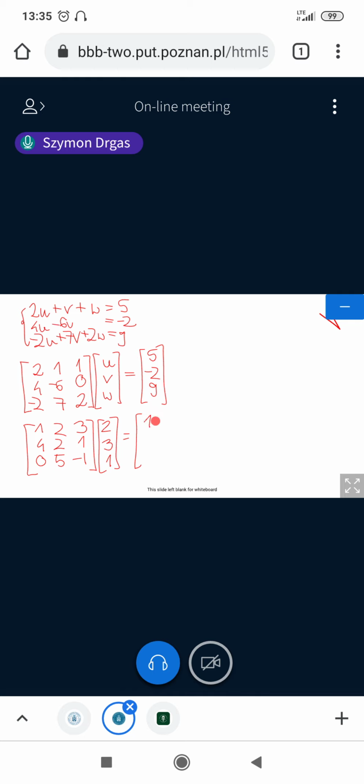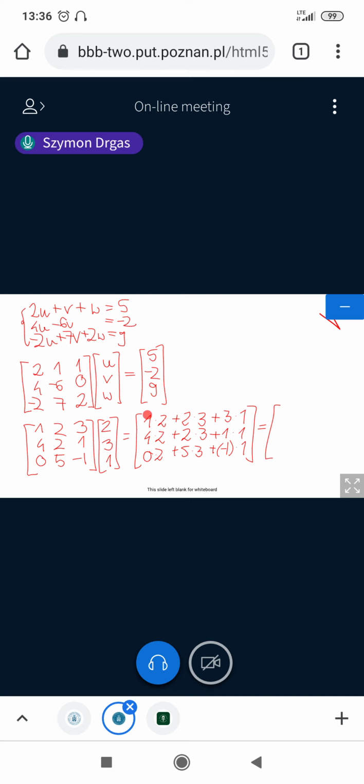So it will be 1 times 2 plus 2 times 3 and 3 times 1. Then the second row, 4 times 2, plus 2 times 3, plus 1 times 1. And the last row is 0 times 2, plus 5 times 3, plus -1 multiplied by 1.